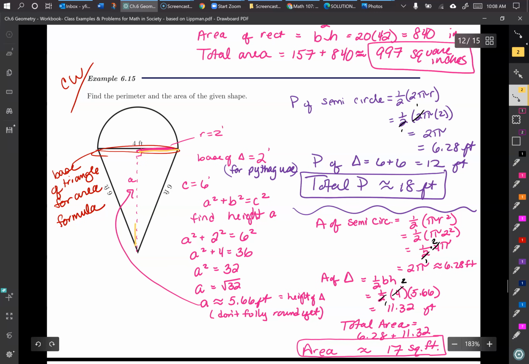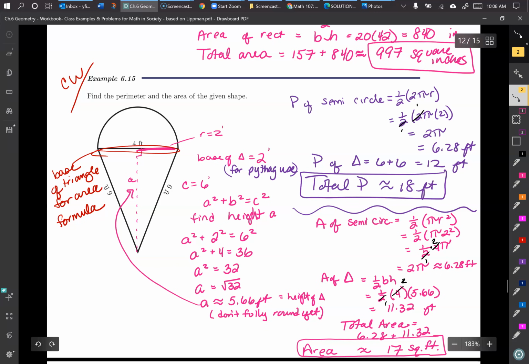So we're going to put 2 in there for the b, and then we put 6 in for the hypotenuse c. And solving out, just like we did in the previous video, we will get a is approximately 5.66 feet. So that's just a linear measure that gives us the height of the triangle.